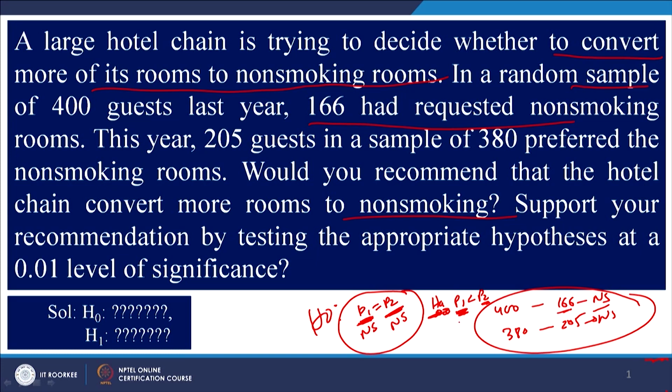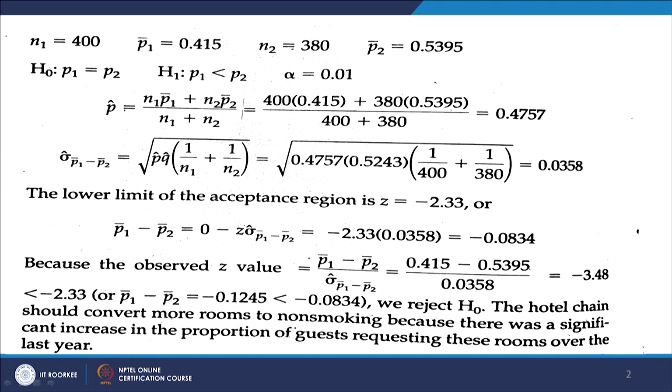So, let us look at this approach first. The null hypothesis is that both proportions are the same, and the alternative is that P1 is less than P2. P1 is the proportion of non-smokers last year, which is less than the proportion of non-smokers this year, at alpha equal to 0.01 significance.